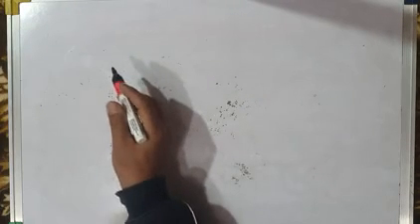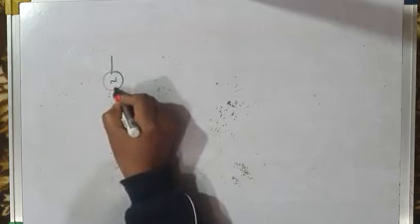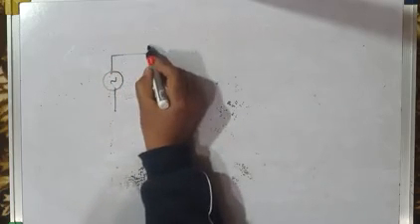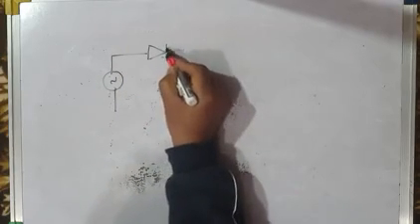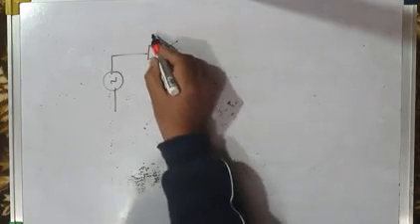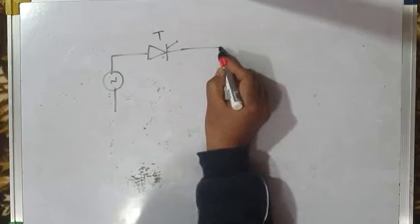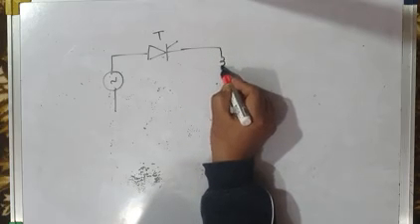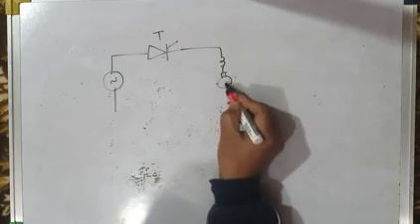Anyway, the simplest type of DC motor drive is like this arrangement: you have an AC source, then you have a half wave controlled rectifier or half wave converter. This is thyristor T, and this is the DC motor.